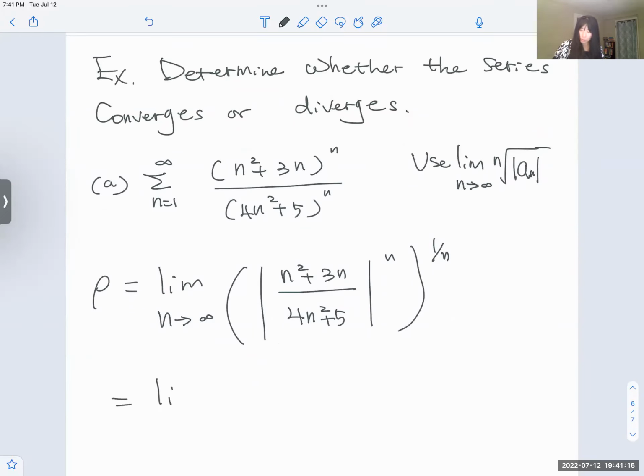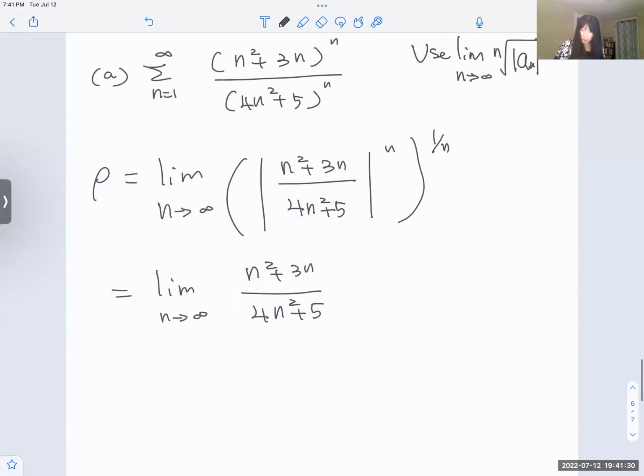We don't need the absolute value here because there is no negative. So then we have n squared plus 3n over 4n squared plus 5. We take the dominant term as n approaches positive infinity.